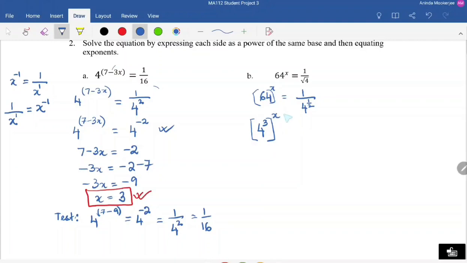raised to the power x equals, now we have 4 raised to the power 1/2 in the denominator. We want to move it to the same level as 64 raised to the power x. So we have to move it to the numerator, and like we saw earlier, to switch from denominator to numerator, we will have to change the sign of the exponent.